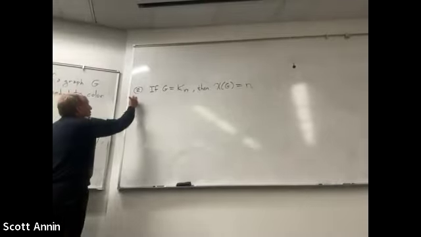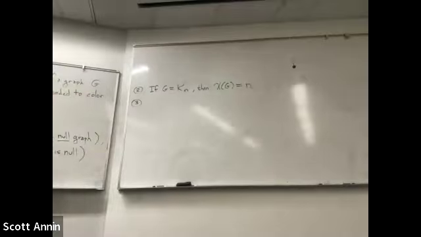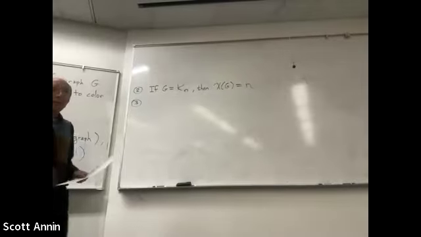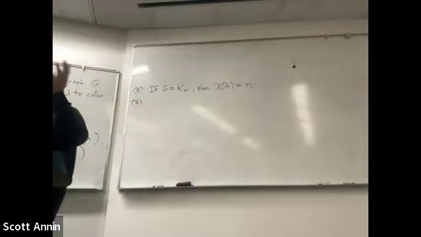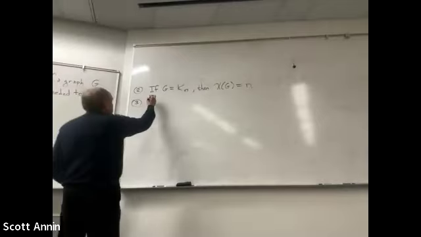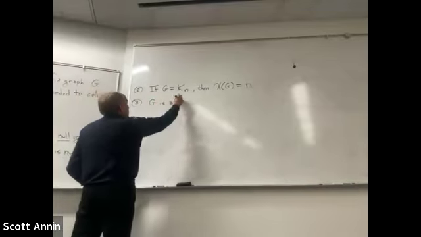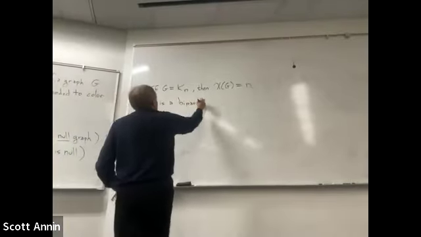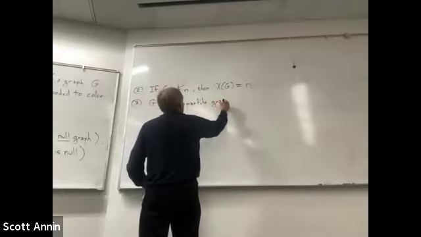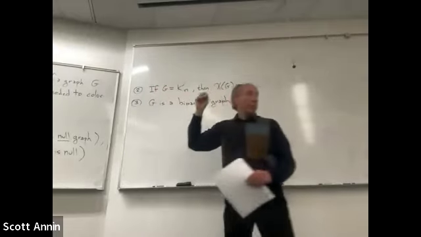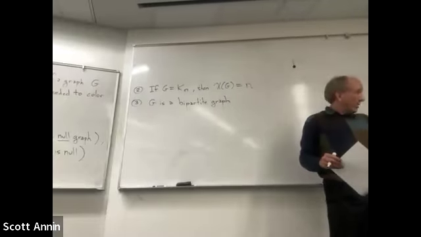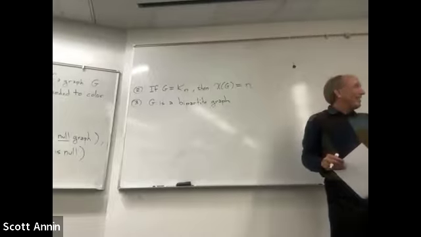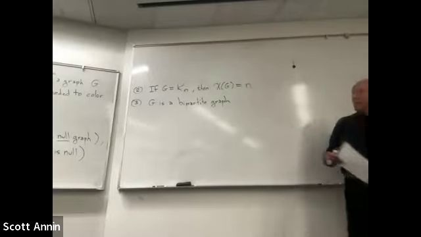The third example I would give you is actually the one that I asked you about on the exam, and most people did a really good job on this. Some people did it in class, some people took it home, but either way, I was really happy with this, which is that G is a bipartite graph. Remember, that's where you have two camps of vertices. In a bipartite graph, the vertices within a given camp can all be the same color, and the vertices in the other camp can all be the same color.